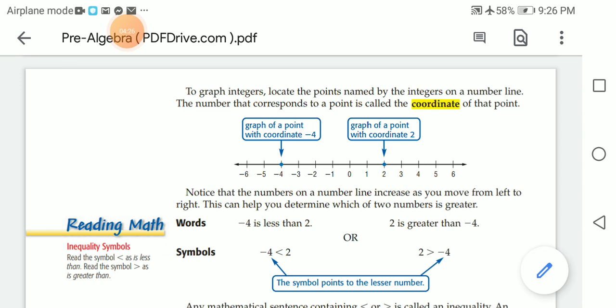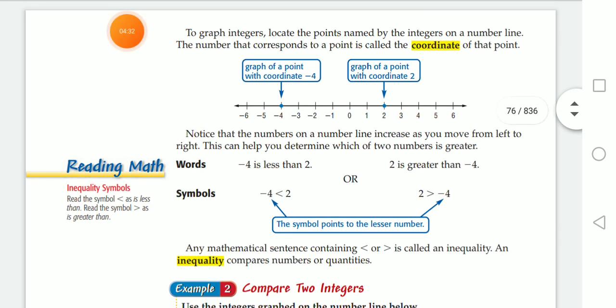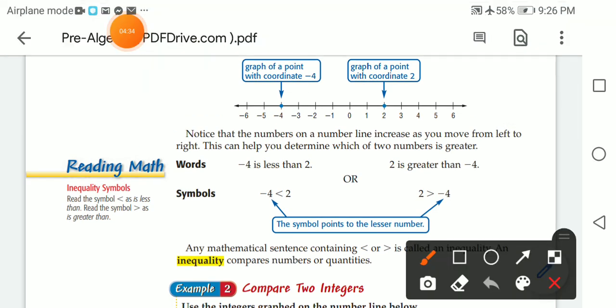Let's see together. I want to show you this sentence again. As you move from left to right, the number increases. So I can use this to compare between greater than or less than.